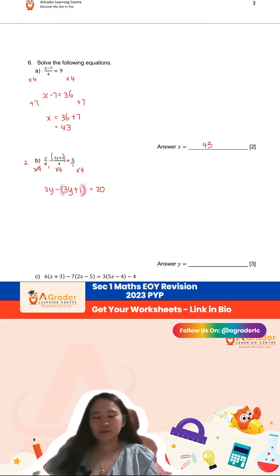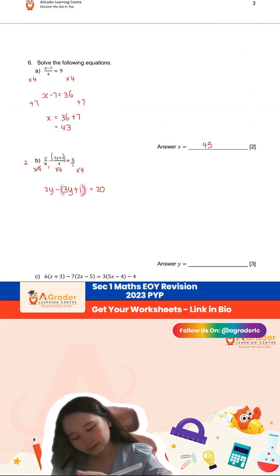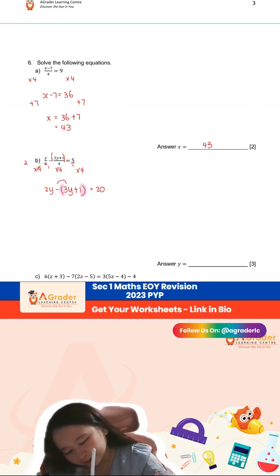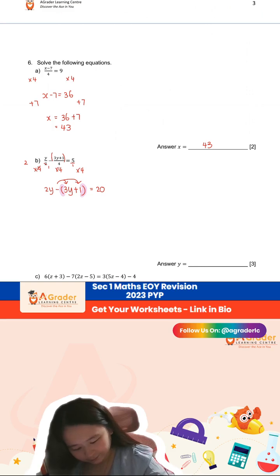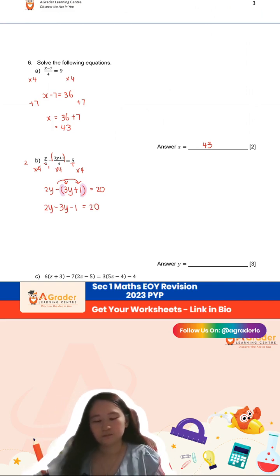Okay, so now you get rid of the denominator already, then you try to simplify it on the left-hand side. You can multiply the negative 1 inside first. So you get 2y minus 3y minus 1 equals to 20. When you remove the bracket, you can see that actually the sign for 1 is negative.